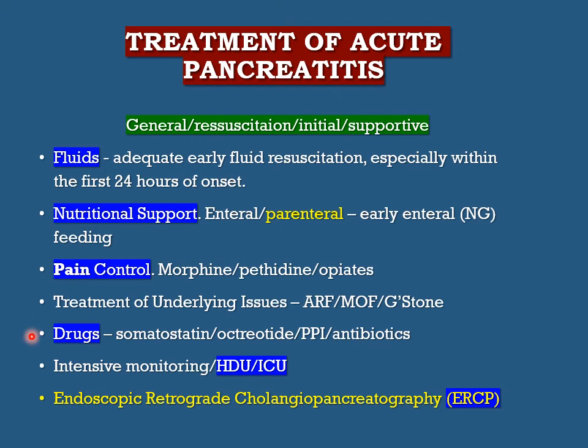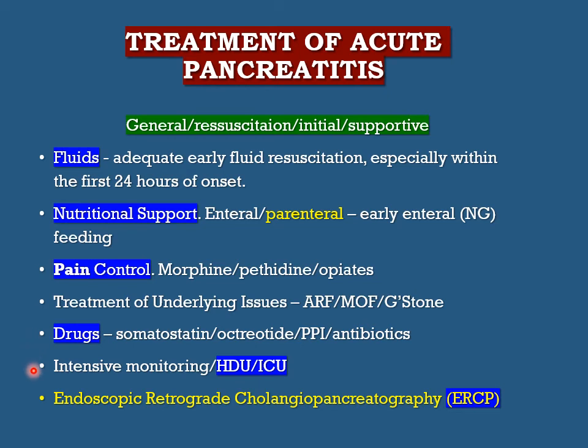Certain drugs have been found to be useful in the medical management of acute pancreatitis, such as somatostatin or its analog, octreotide, proton pump inhibitors, and antibiotics. Somatostatin reduces the pancreatic secretion, whereas the proton pump inhibitors will prevent stress ulcers, and antibiotics to treat the infection.